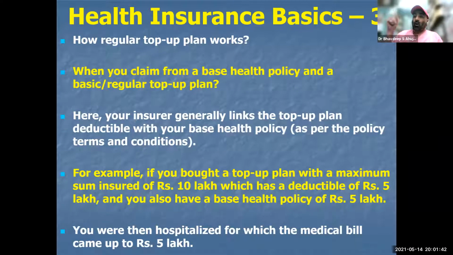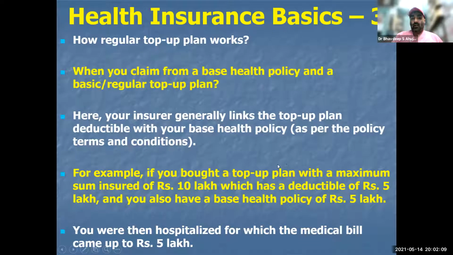You can take a top-up from a different company also. But then when it comes to network hospitals, the paperwork will get confusing. Even in case of non-network hospitals, you have to first go through the process of one company and then the process of the other company. Of course, it is a tedious process, the bill would be sanctioned, the claim would be granted, but it will take a slightly longer period.